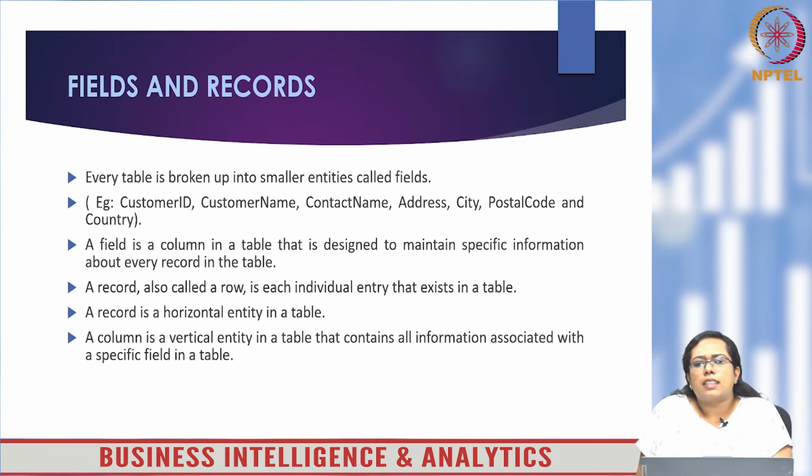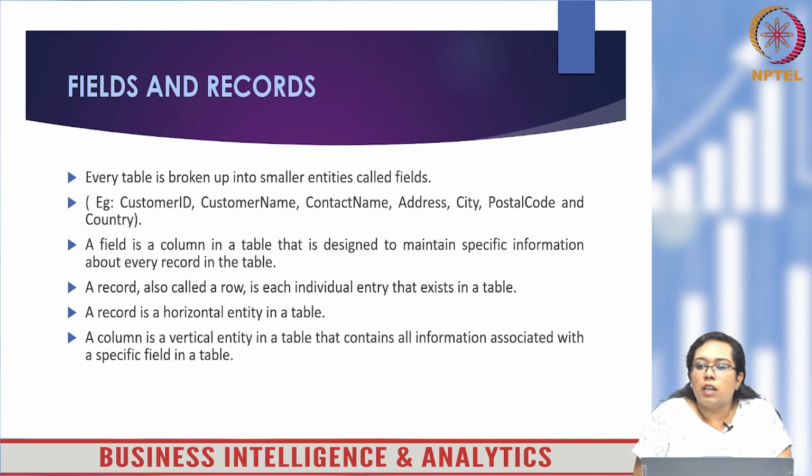Just a difference: we do not call them rows and columns in SQL, we call them fields and records. Every table is broken up into smaller entities known as fields. Basically, fields are nothing but column names. Say there is a customer table, and examples of the fields or columns are customer ID, customer name, contact name, address, city, postal code, country, etc. All these are known as fields.